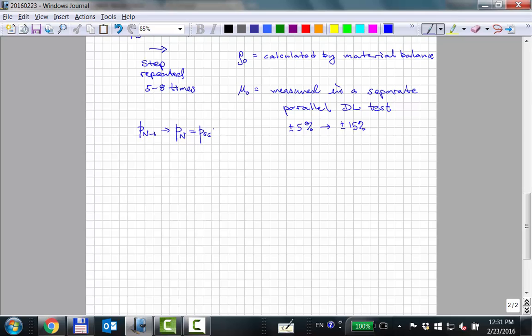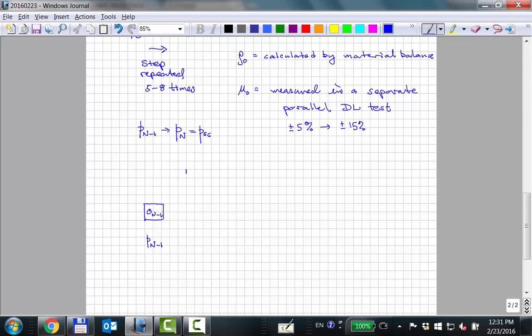What happens is that we come in with the oil, and that pressure may be typically 10 bar to 15 bar. This is our oil at the next to the last stage.